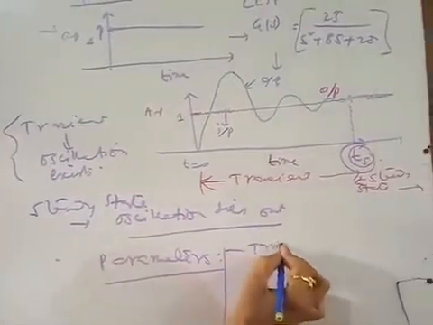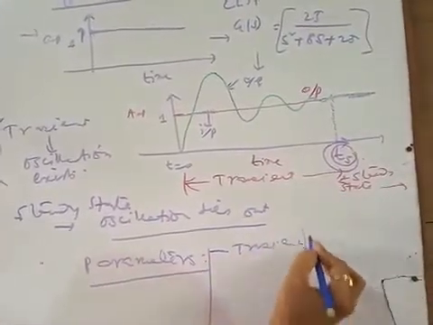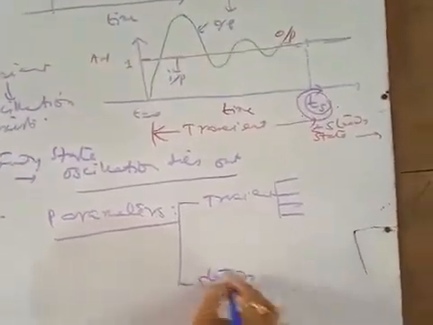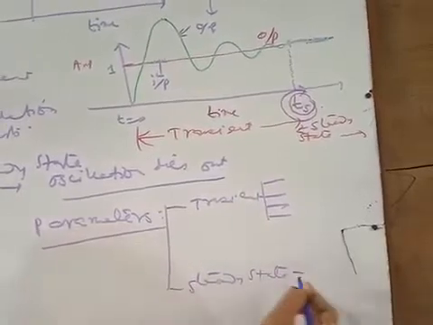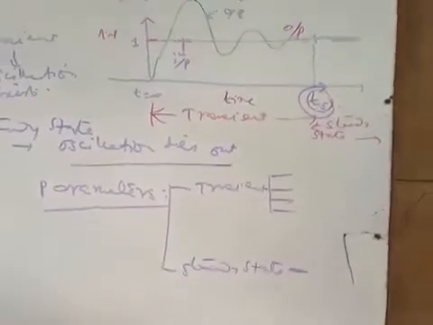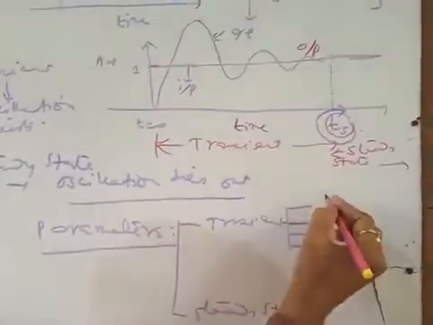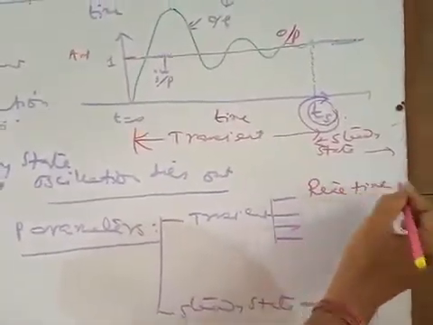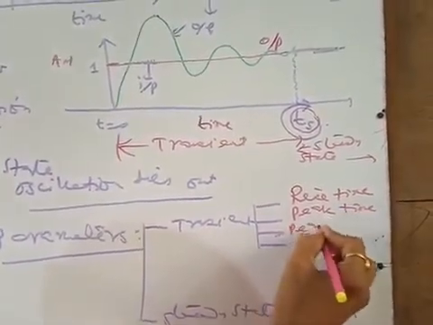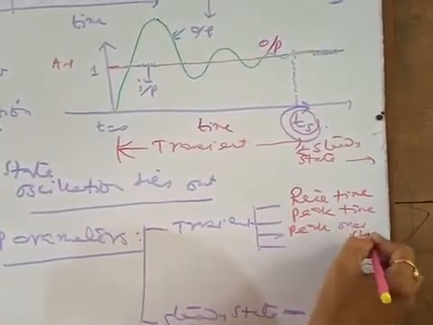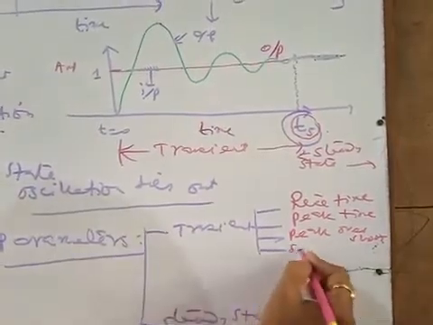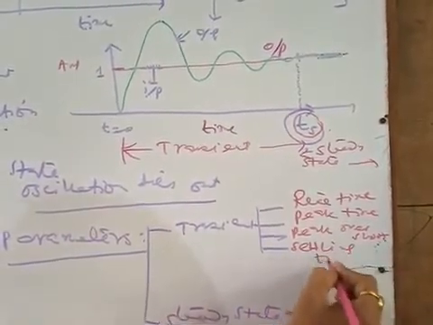First the transient section, next the steady state section, right? So what are the transient parameters? Transient parameters are normally known as rise time, peak time, peak overshoot, and settling time.